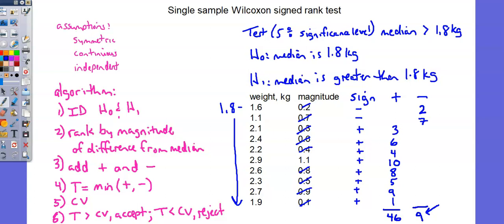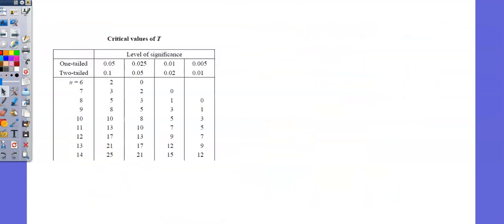So the smaller the minimum column total, the more likely it is that the data doesn't fit the proposed median. So the smaller that minimum, our 9 in this case, the more likely it is that we're ultimately going to reject that median. Let's continue and see what happens in step 5, looking up the critical value.